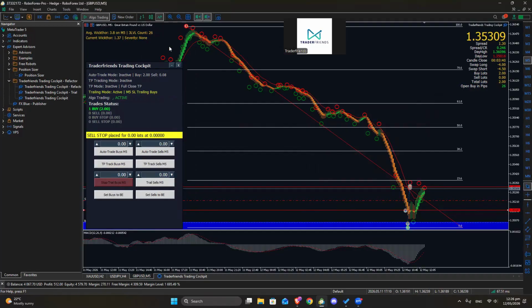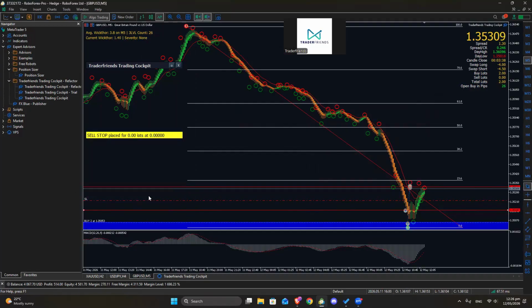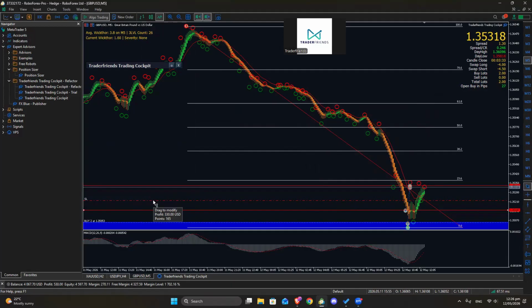Trade buys. Yeah, you have to delete it manually. And now you see the stop loss is at the same place instead of a hedge. So now if the market hits the stop loss, you will just get out of the position and you will secure the profits until here, which is $330.